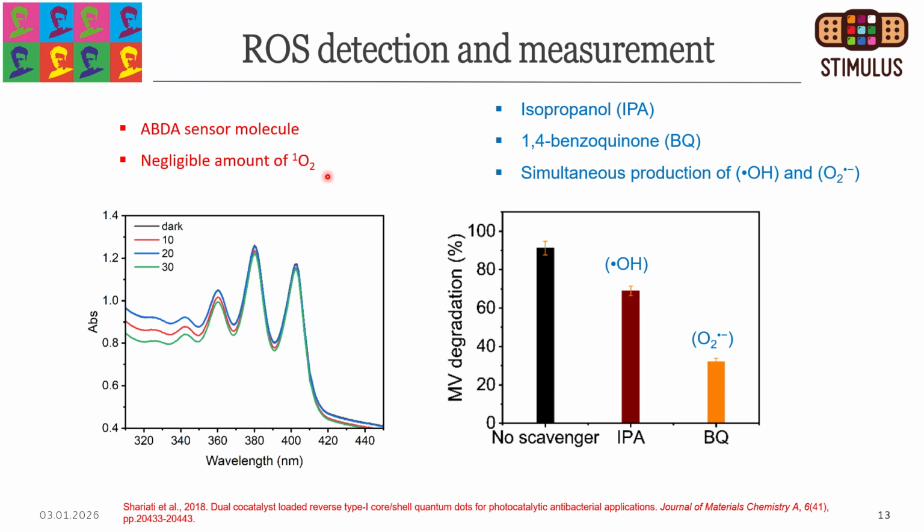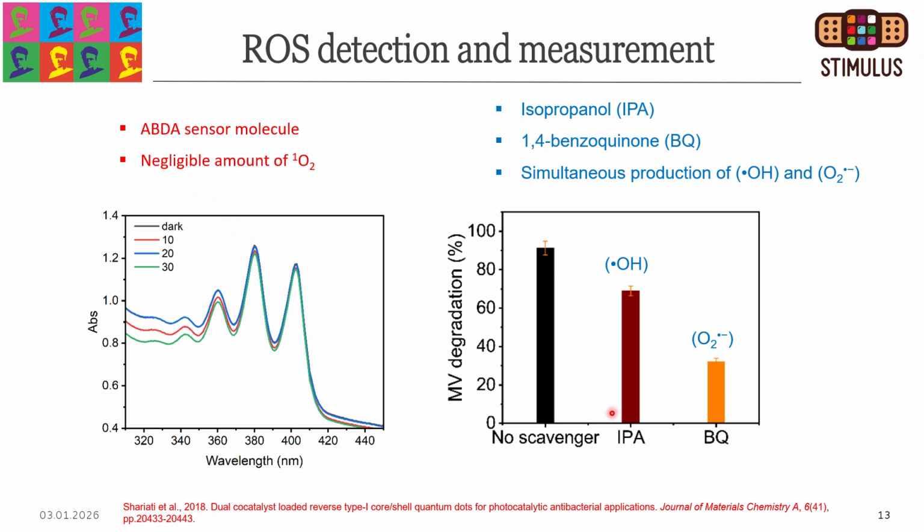Then we perform the whole scavenger studies to further confirm other ROS species, and we use isopropanol for the detection of hydroxyl radicals. Basically, we use methyl violet dye degradation, and here with no scavenger, we can see that about 90% of the dye degraded in 30 minutes.